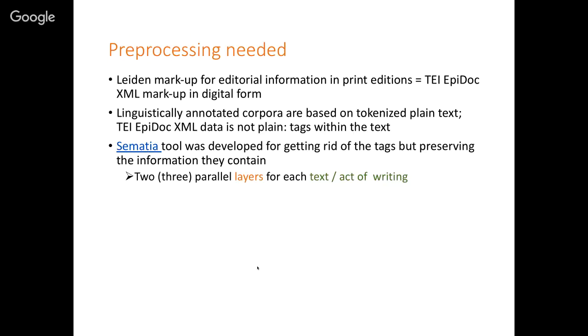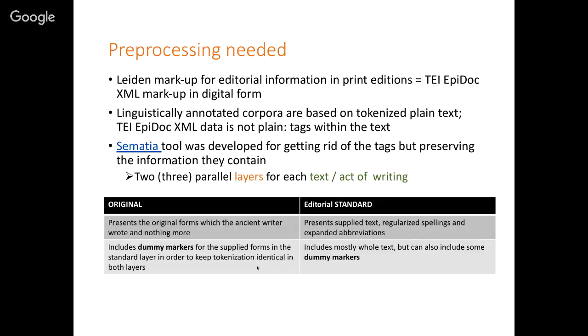So there, in the parentheses, there are 3 layers, but there is 1 layer there that's still not functional. But the 2 basic layers are called the original and the standard. The original layer gives you only the forms that are written by the ancient writer, and then nothing more. And then there are dummy markers for the supplied forms, so that the tokenization is identical in both layers.